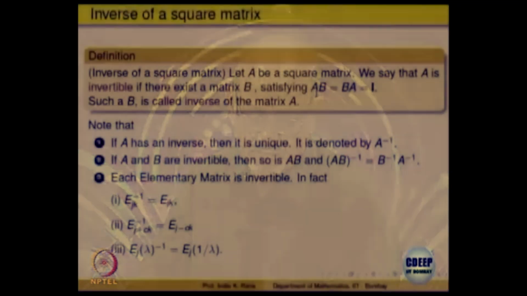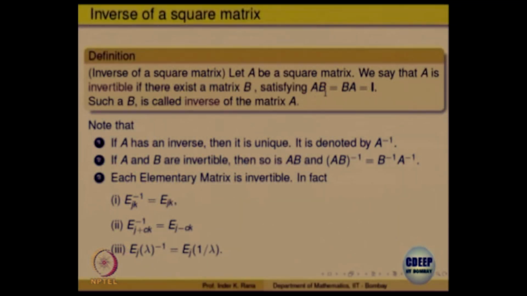Alpha times 1 over alpha is equal to 1 over alpha times alpha, equal to 1. Similarly, given a matrix A, if there is a matrix B such that AB equals BA equals identity, then we say A is invertible and B is called the inverse of A. It is unique. Clear?